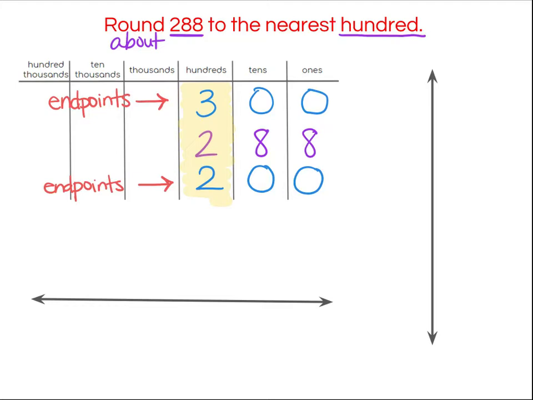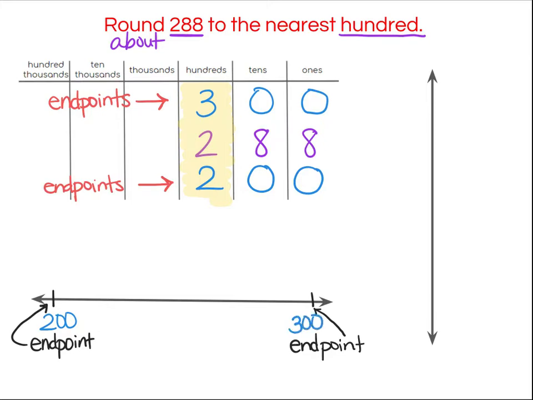We can see that on our number line, we have two endpoints. Our lower endpoint is 200. It goes here, 200. And we write it below the number line. Our higher endpoint is 300. The higher endpoint goes on the right side below the number line.